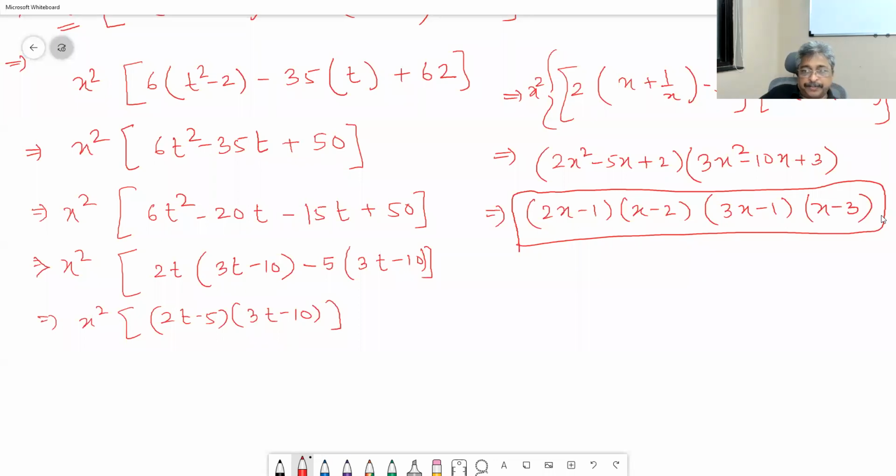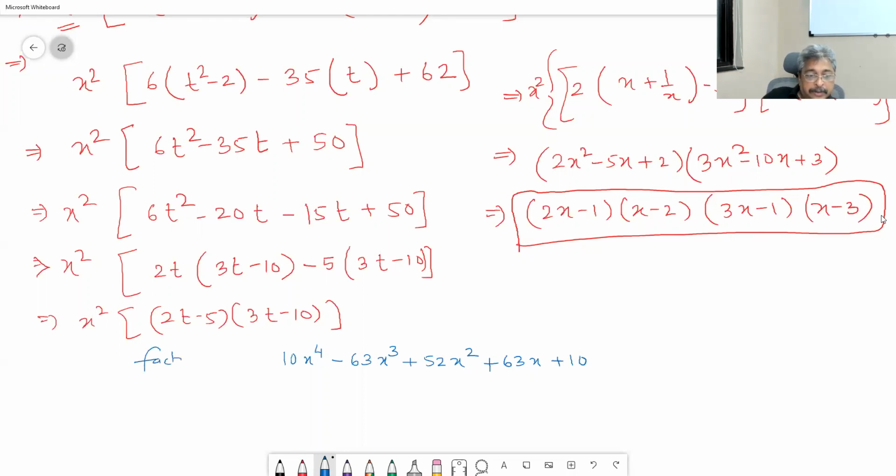Next problem is 10x raised to 4 minus 63x cube plus 52x square plus 63x plus 10.